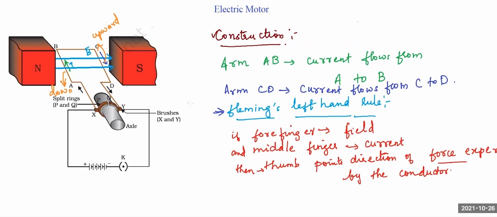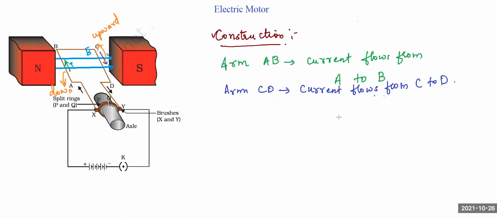Here the split ring is also known as a commutator, because the split ring reverses the direction of the current every half rotation.